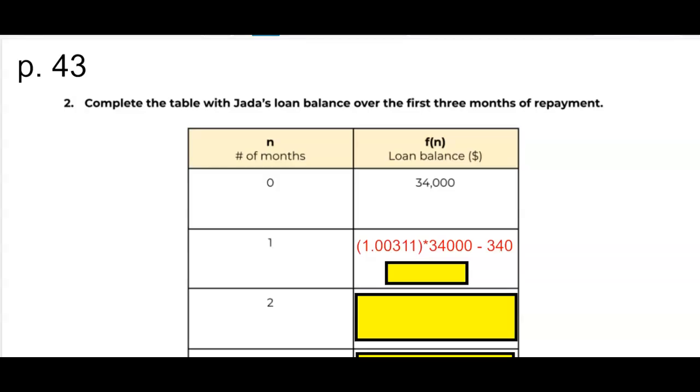So the way I got this number was to take 1 plus the decimal version of the monthly percent, 0.00311. And if you just consolidate that, it becomes easier to type on your calculator. Multiply by the previous amount of loan balance and subtract the monthly payment. All right, so pause here and do that calculation.